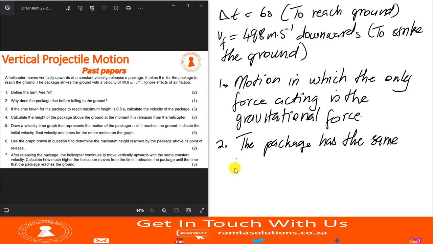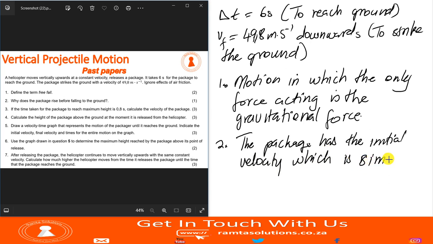initial velocity, which is similar to that of the helicopter.